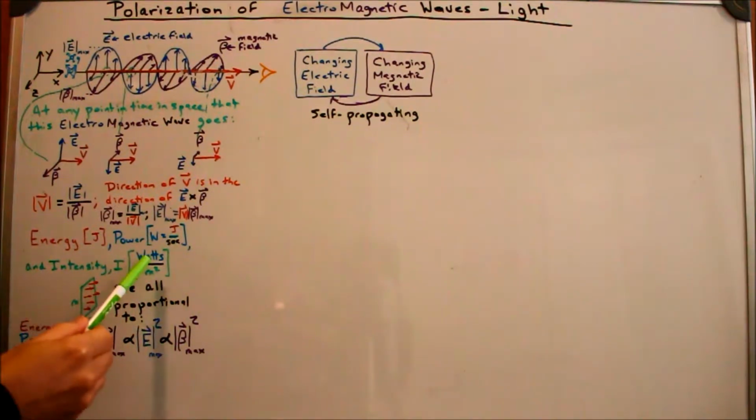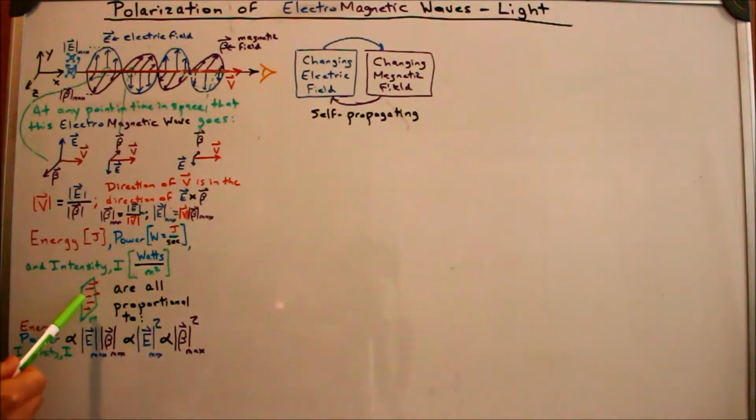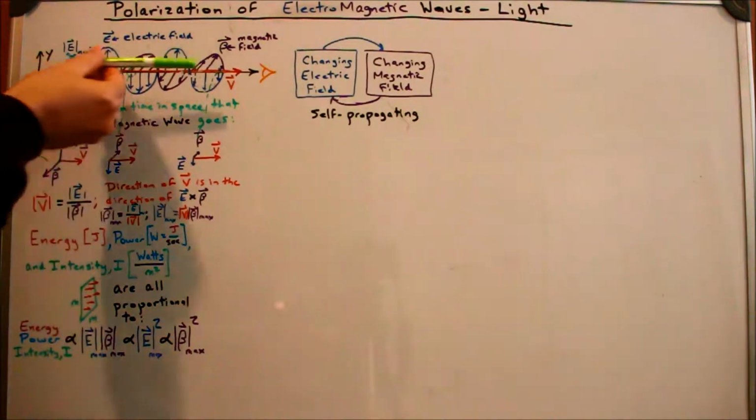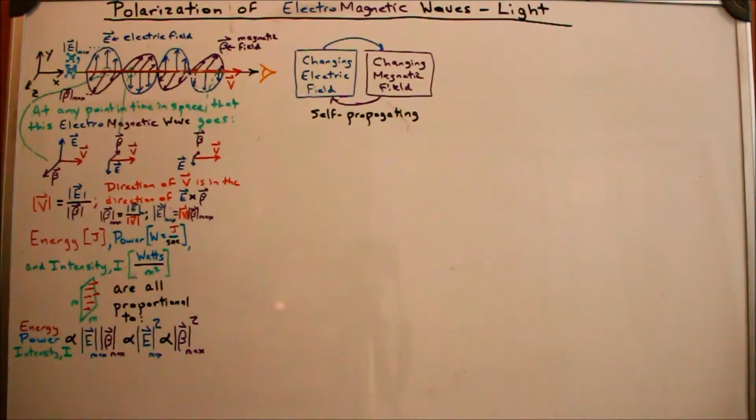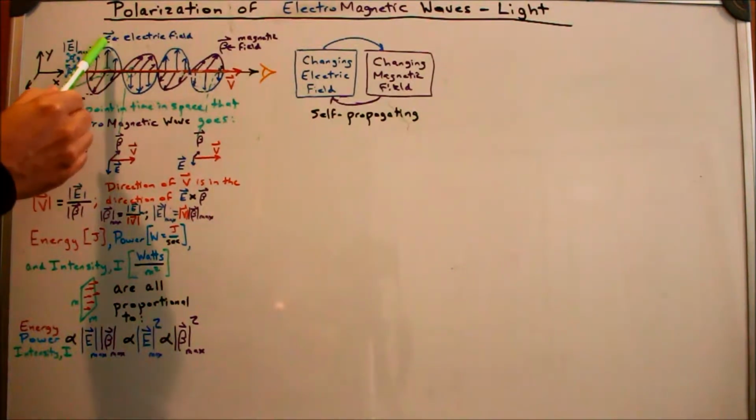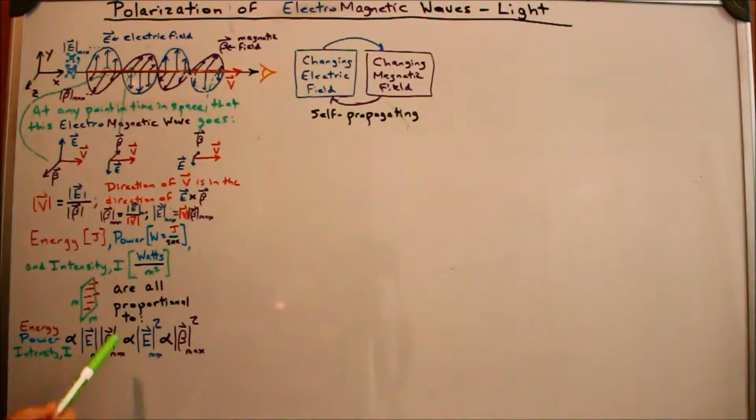And so the intensity, or power per unit area, perpendicular to the direction of travel of this electromagnetic wave, is proportional to the magnitude of the electric field times the magnitude of this magnetic field.